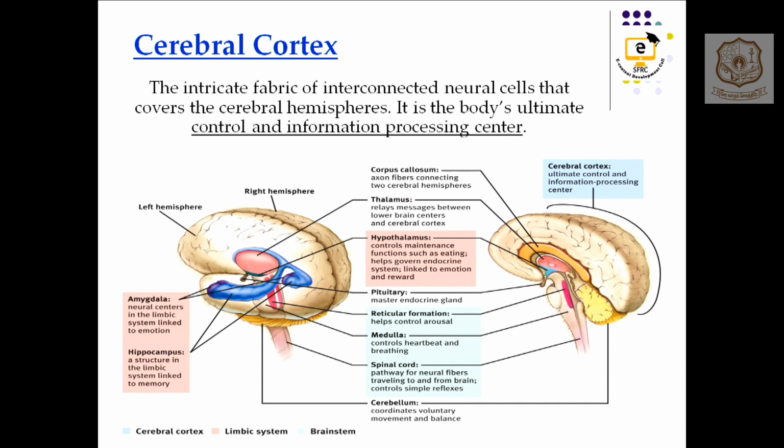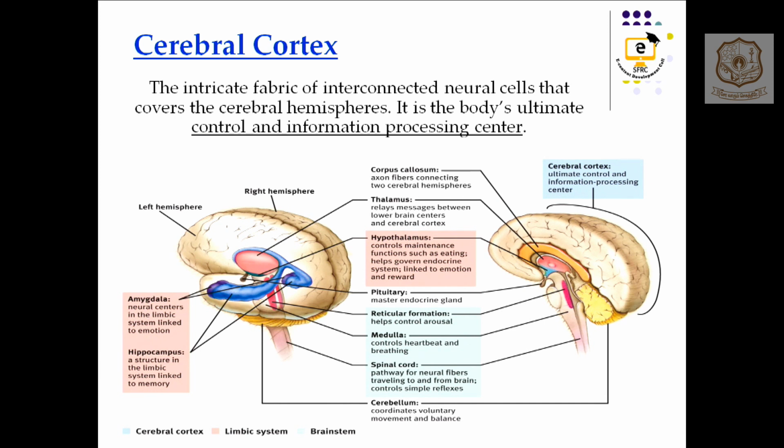This classification is based on location. Based on structure, you will have three divisions: the midbrain, forebrain and the hindbrain.